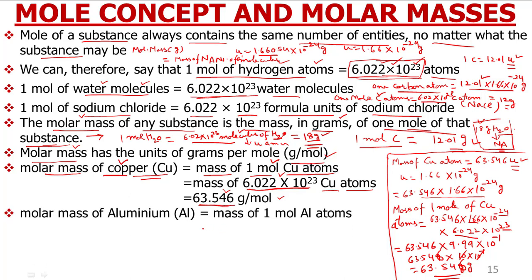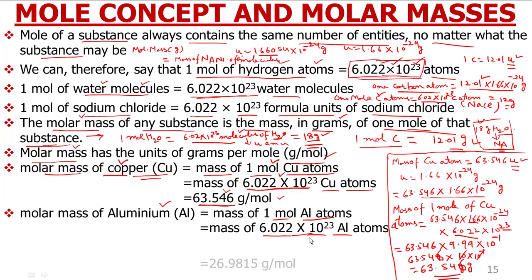So the molar mass of copper is the mass of 1 mole of copper atoms, and it is equal to 63.546 gram per mole. Similarly, the molar mass of aluminium is the mass of 1 mole of aluminium atoms, the mass of 6.022 into 10 raised to the power 23 aluminium atoms. Why? Because 1 mole is equal to 6.022 into 10 raised to the power 23, so it will come out to be 26.9815 gram per mole. So that is how we relate mole with molar mass.